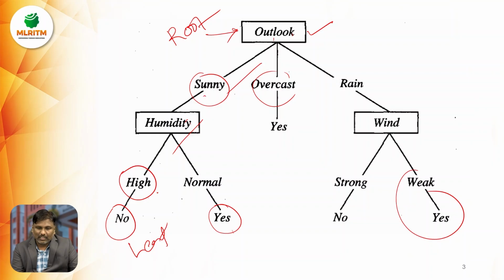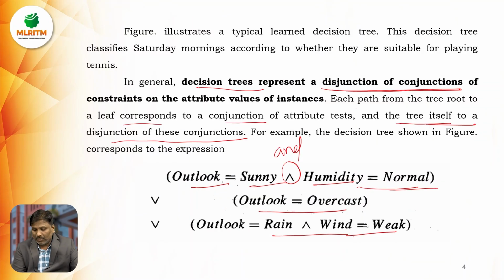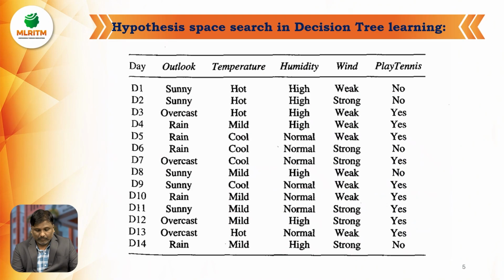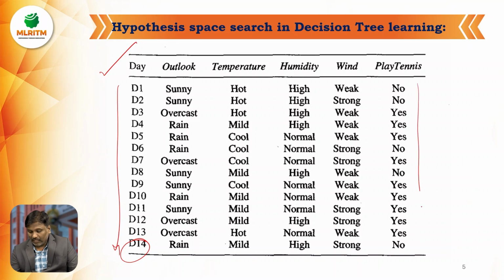For that decision tree, I can use these hypothesis representations based on the disjunction and conjunction of my attribute instances. Now we try to find the hypothesis space for this decision tree learning. For that, I considered one example that consists of 14 days of different weather conditions, with play tennis as my final condition.